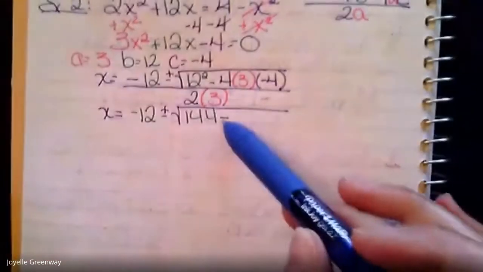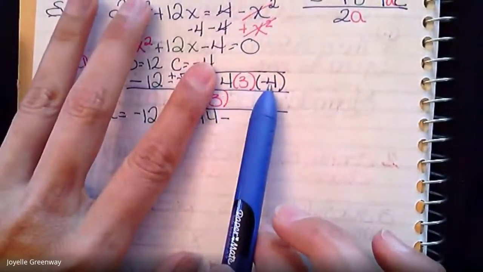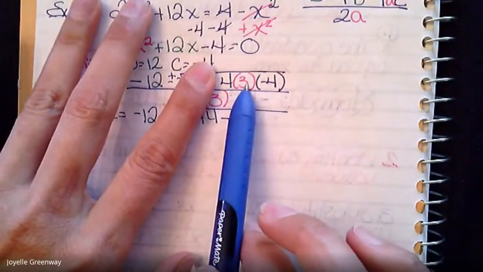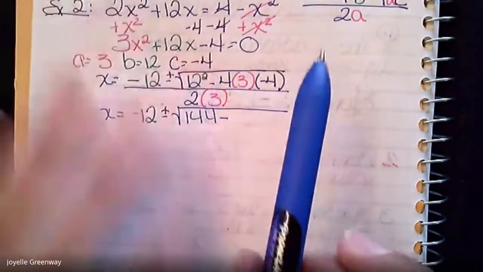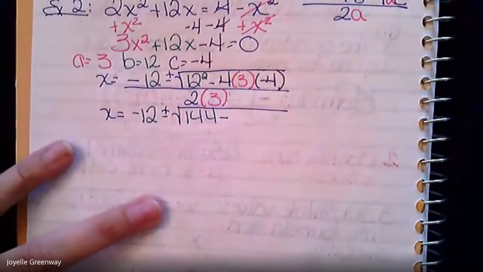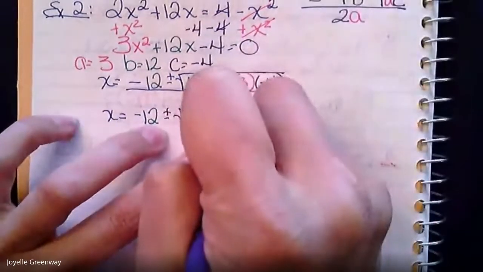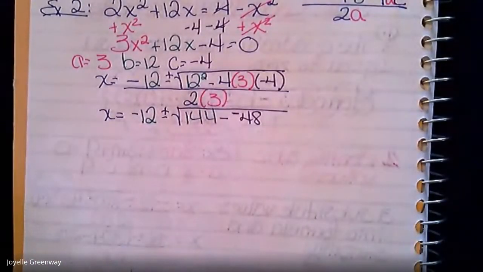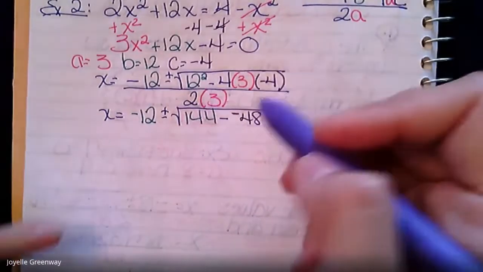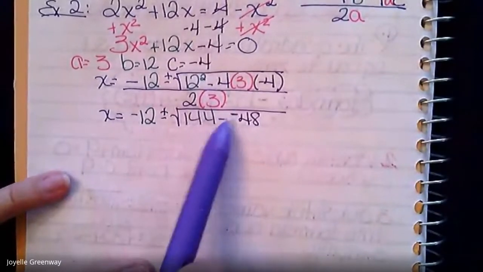I write down minus, so now I have to do 4 times 3 times negative 4. 4 times 3 is 12. 12 times negative 4 is negative 48. So minus negative 48. So do you see why that matters? This is a common mistake here because you have minus and negative.